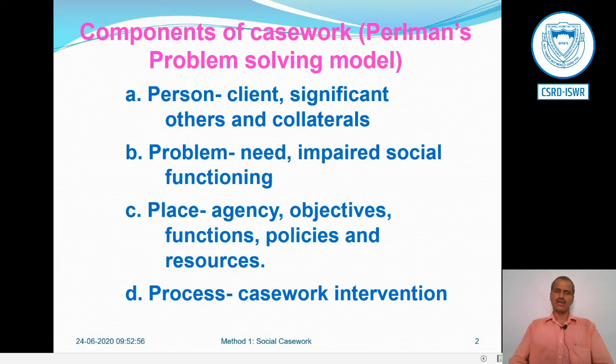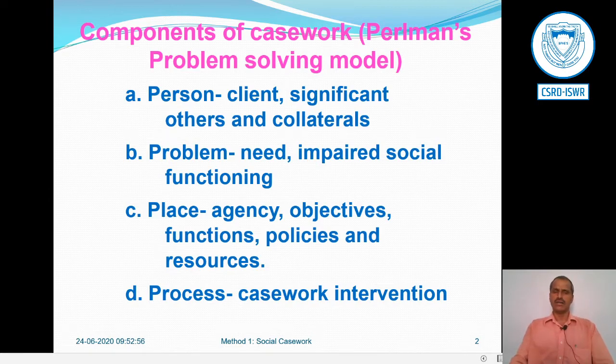Components were first discussed and explained by Helen Harris Perlman in her book Social Casework, a Problem-Solving Method in 1957.